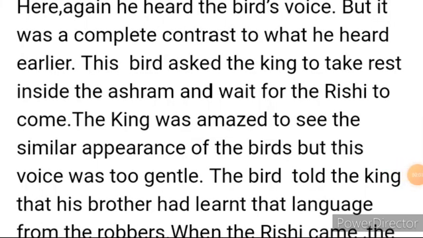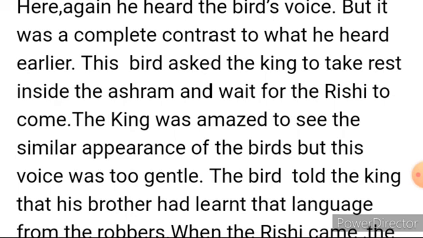Here again he heard the bird's voice, but it was a complete contrast to what he heard earlier. This bird asked the king to take rest inside the ashram and wait for the rishi to come. The king was amazed to see the similar appearance of the birds, but this voice was too gentle.